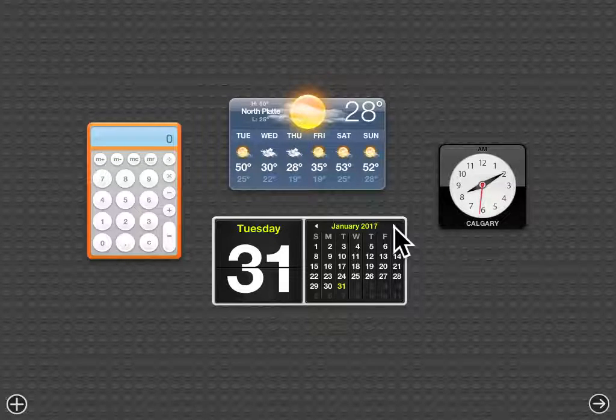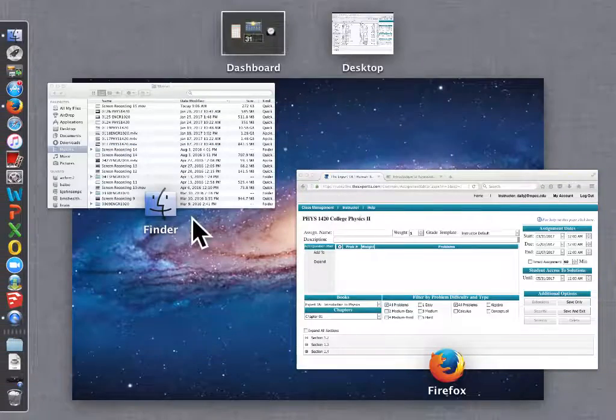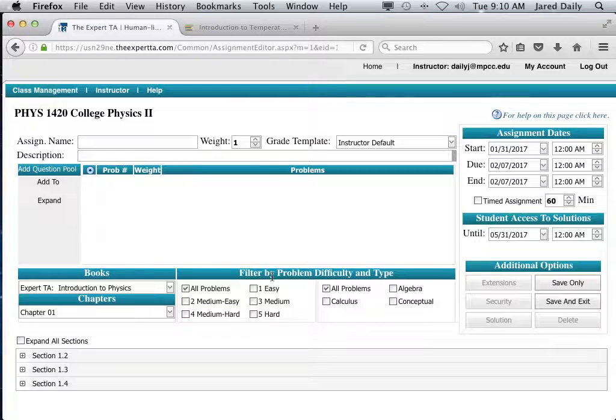So it would be the week of the 14th anyway. So 14th, 15th, 16th, 17th probably is when it would be due.